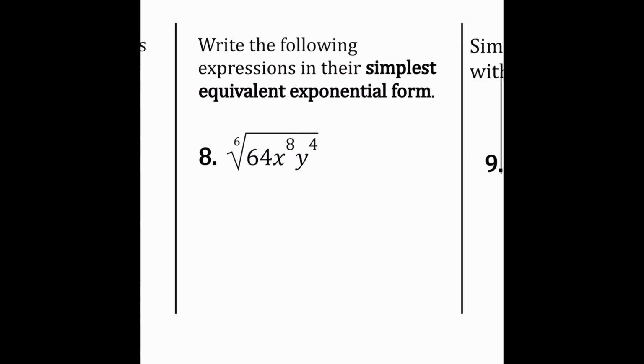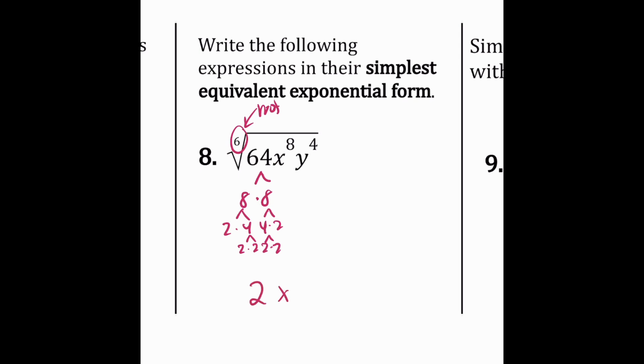Number 8. Okay, same thing here. Simplest equivalent exponential form. We have radical form, and I want to go to exponential. So I have 64. I want to think about what number is raised to the 6th power. So if I break this down, I know 8 and 8, 2 and 4, 4 and 2, 2 and 2. My root is 6, so I know that I need a number that repeats 6 times, which is going to be 2.